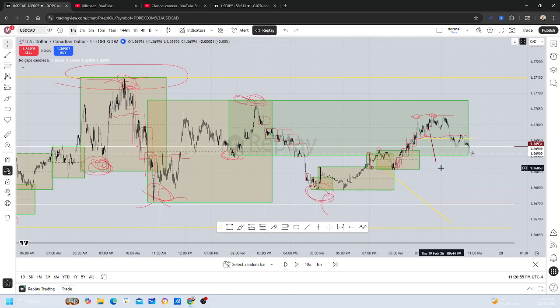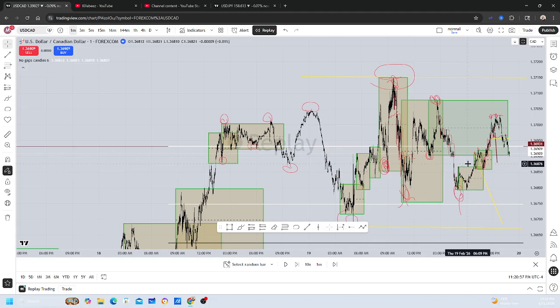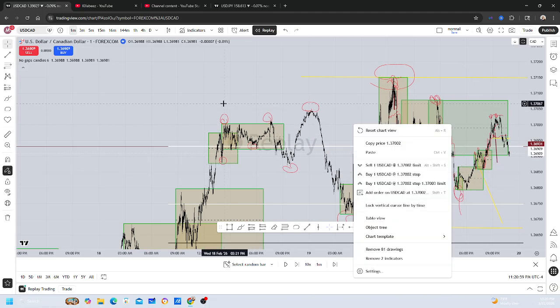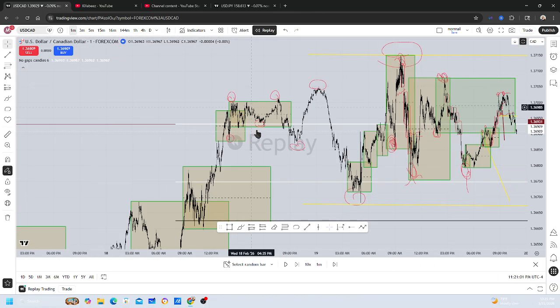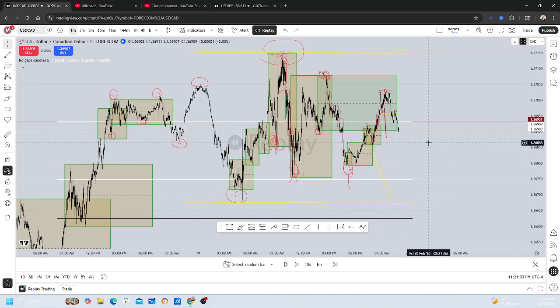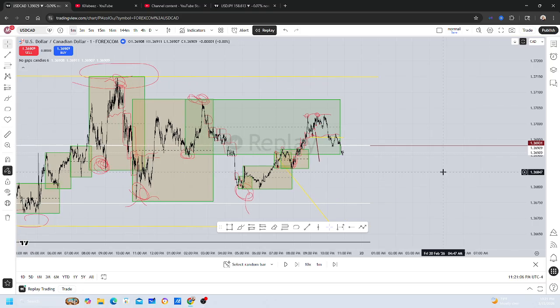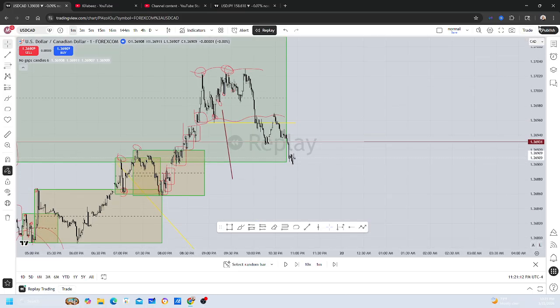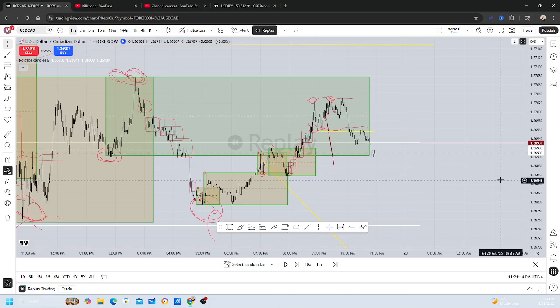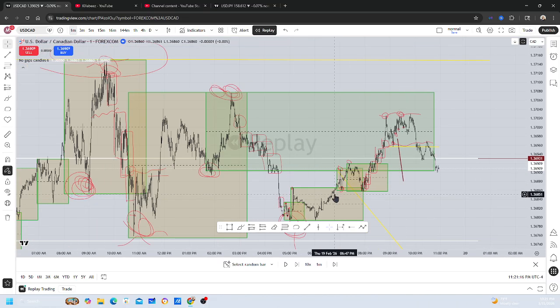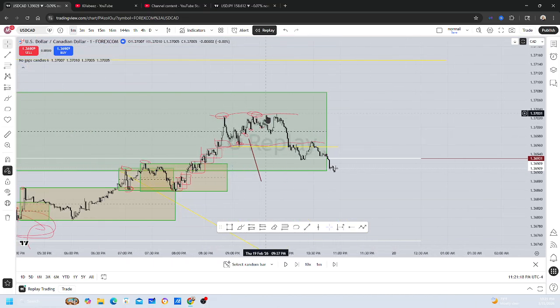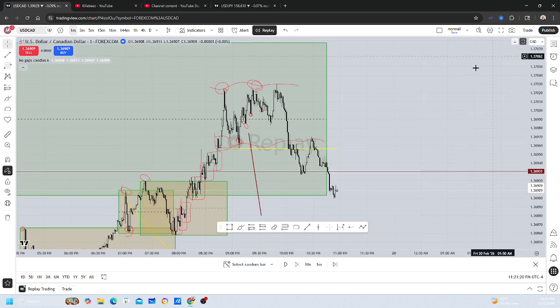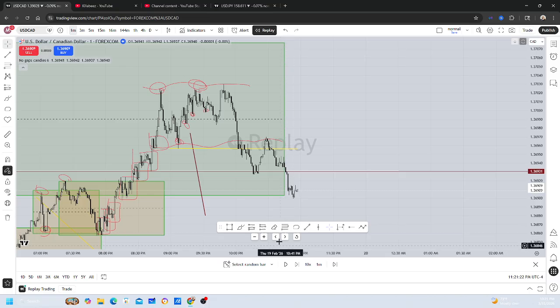But structure doesn't tell me, yo, we're coming back down to here. Eventually, we'll count the swings. So now we're reversing. We have our little range, reversing. Right?